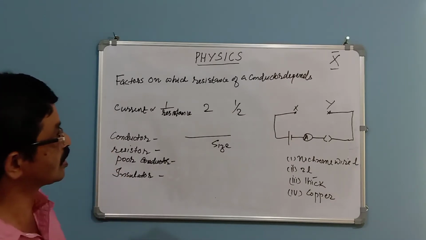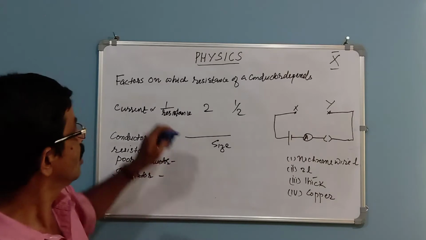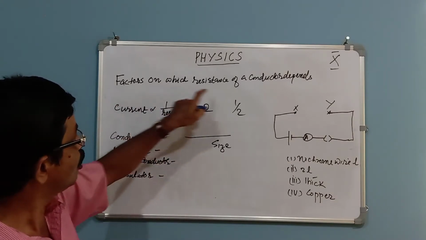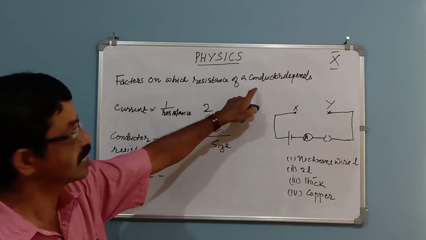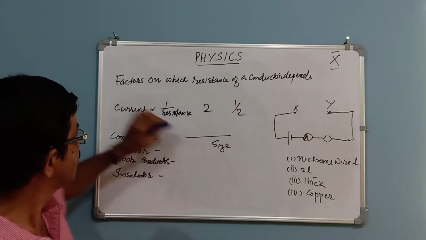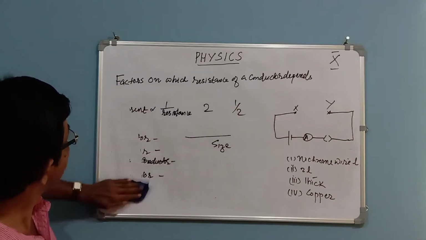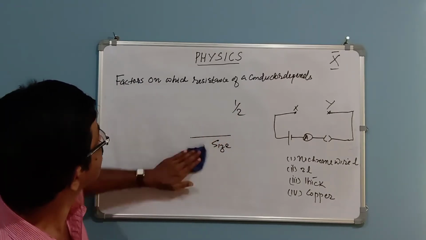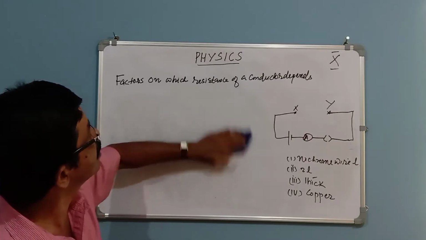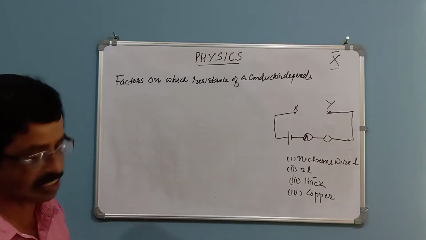Now we want to discuss on what factors the resistance of a conductor depends, and from that we want to define a term, resistivity, also. For that we can discuss an activity.